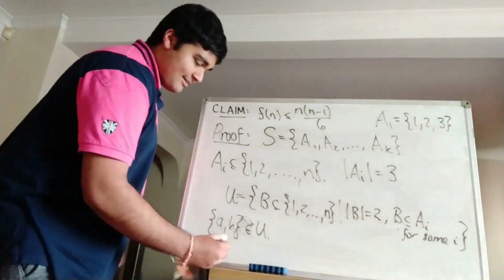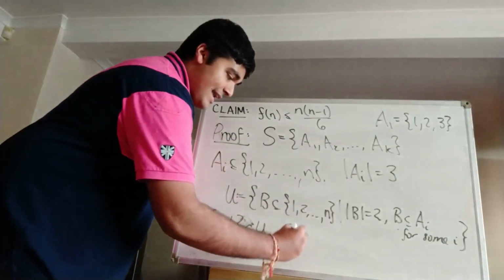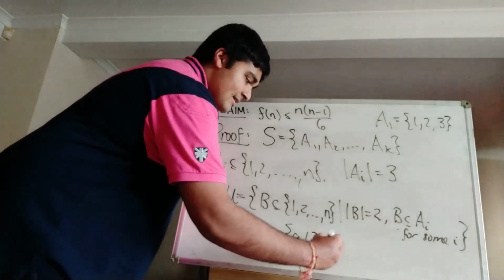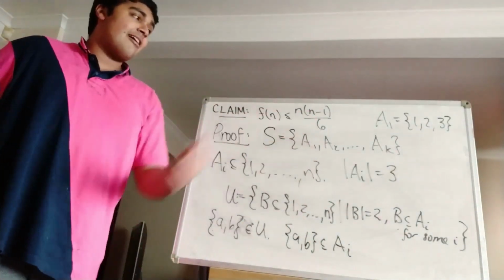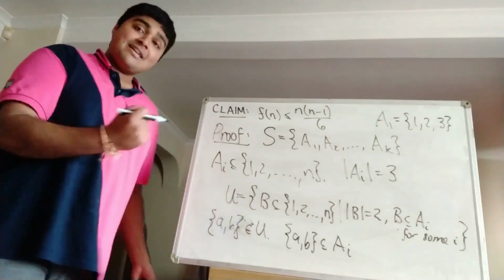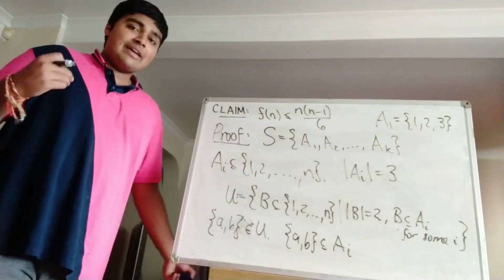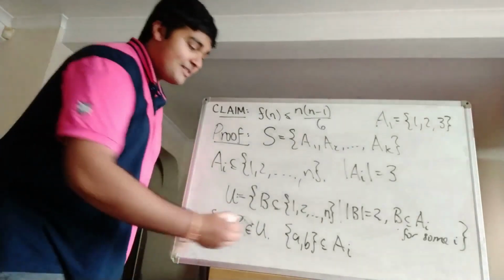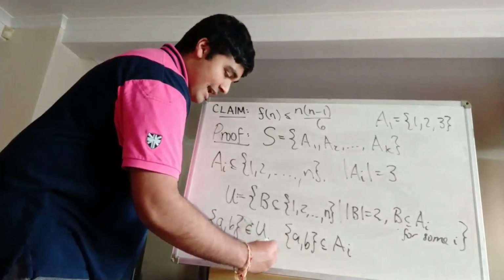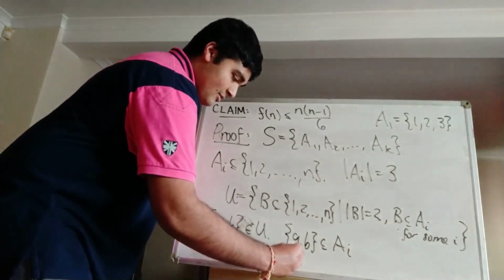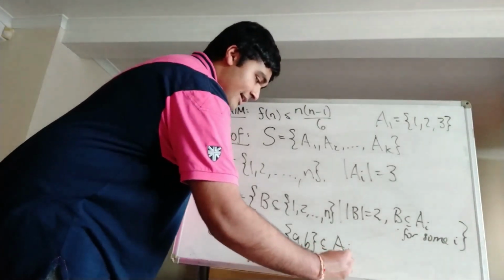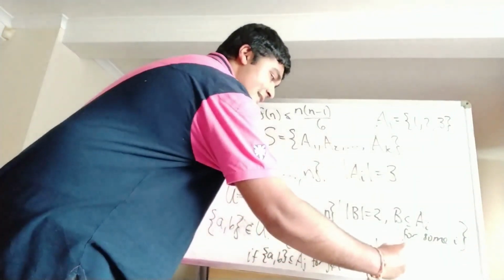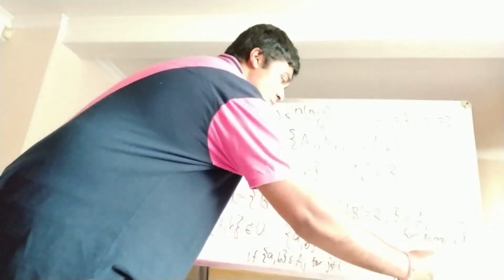So suppose that AB is a subset of AI for some I, and I claim that that I is unique. In other words, AB is never going to be a subset of AJ, where J is distinct from I. Because if AB was a subset of AJ for J not equal to I, then that implies that the cardinality of AI intersect AJ would be 2.